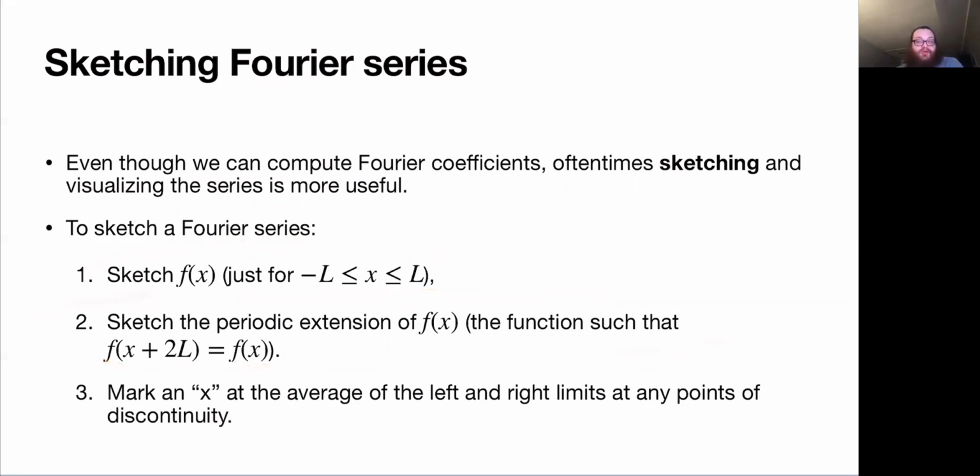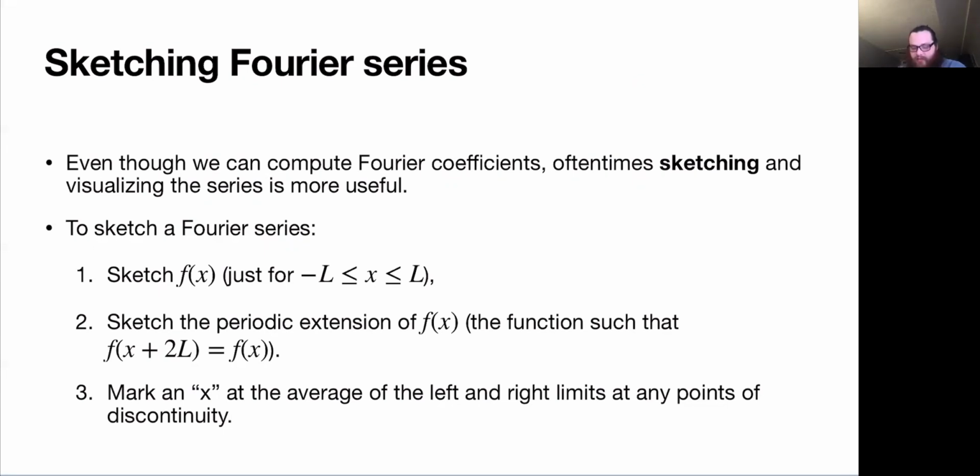And so what this looks like in practice is you take that same sketch, take that template and then copy it over 2L, copy it over 2L, and then you can also go the other way. So take that template, move it back, etc.